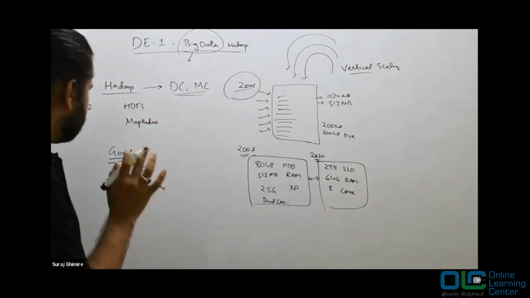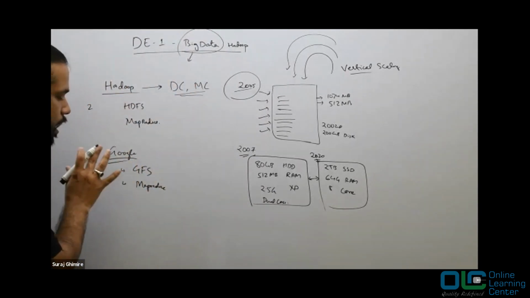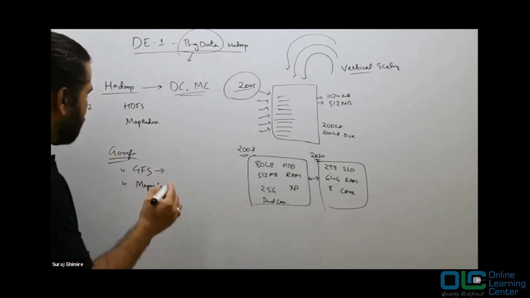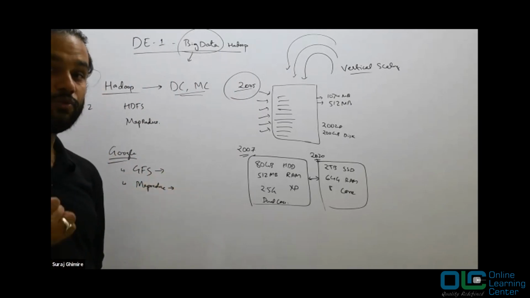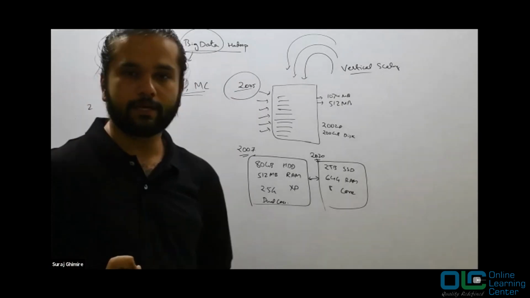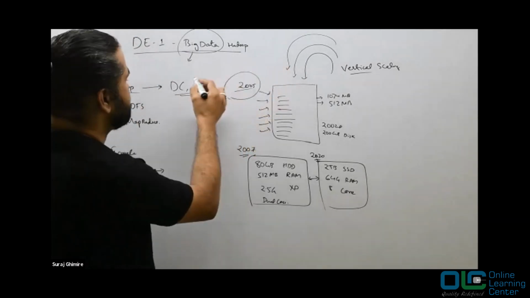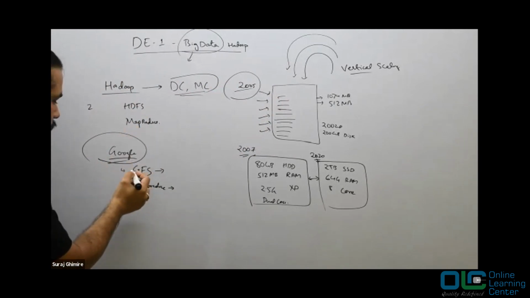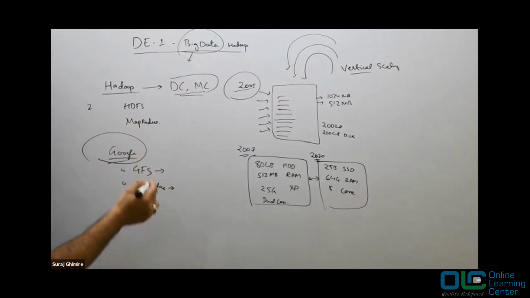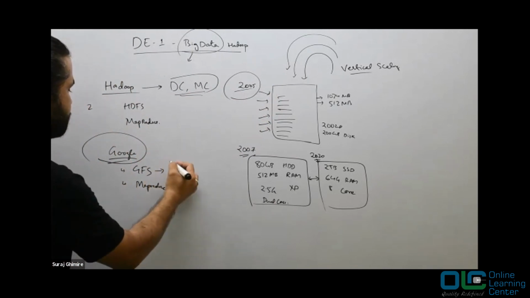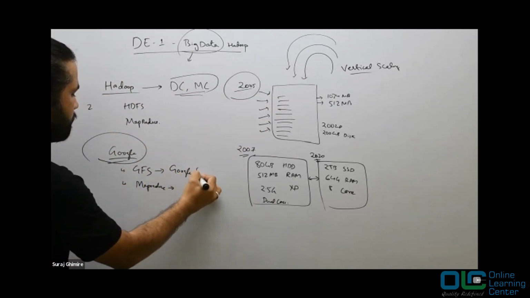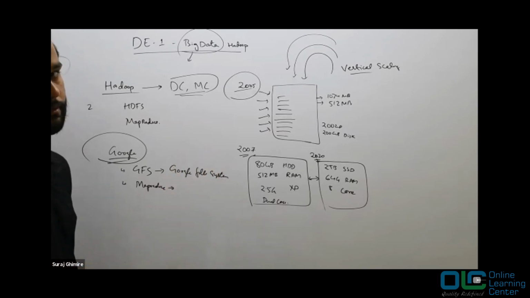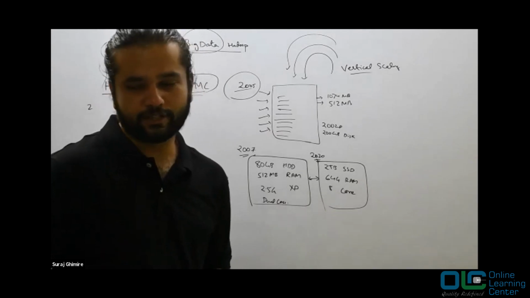This paper was saying how you can store the data across machines, and how you can process the data stored on all those machines. And that is exactly what these guys were looking for. GFS stands for Google File System, and MapReduce has no full form. MapReduce is just MapReduce.